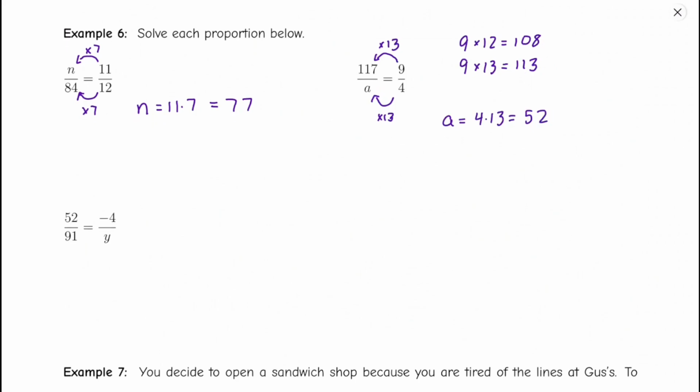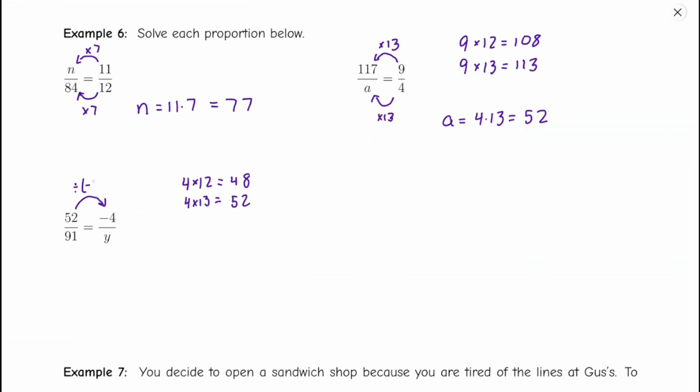Then finally, for the third proportion, 52 over 91 equals negative 4 over y. Here I want to get from 52 to negative 4. I'm not going to multiply this time, but I'm going to divide. And since I'm going from a positive to a negative, I know I'm going to divide by a negative number. I'm not quite sure by what yet, but I will start off with 4 times 12, I know is 48. 4 times 13 would be 4 more, which is 52.